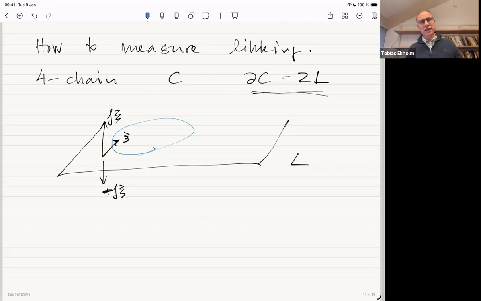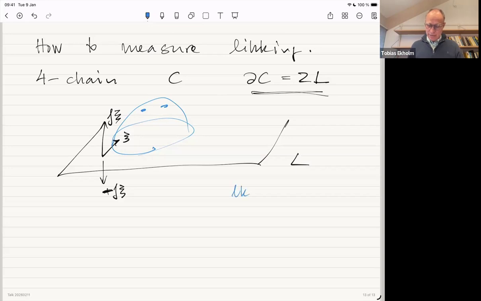So we can use xi to frame the curve, and once we have this normalized generic behavior on the boundary, so that it's nowhere tangent to xi, then we can define this linking number by counting.